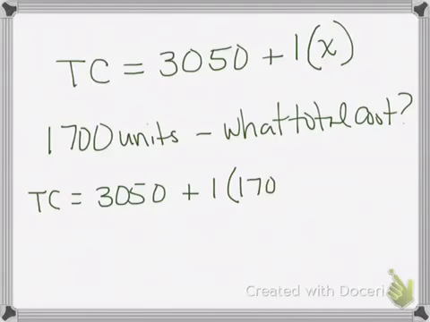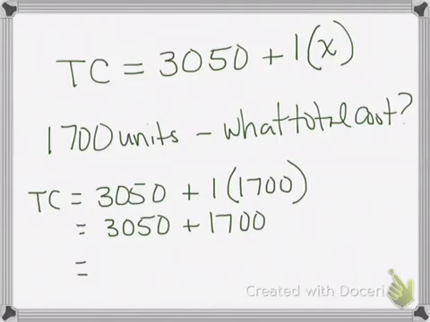If I have 1,700 units, then multiply it by 1,700, so I would have 3,050. Remember, fixed cost plus the 1,700 variable cost, and what I would end up here would be $4,750. So that would be the total cost in this particular problem that I could assume that I would have.